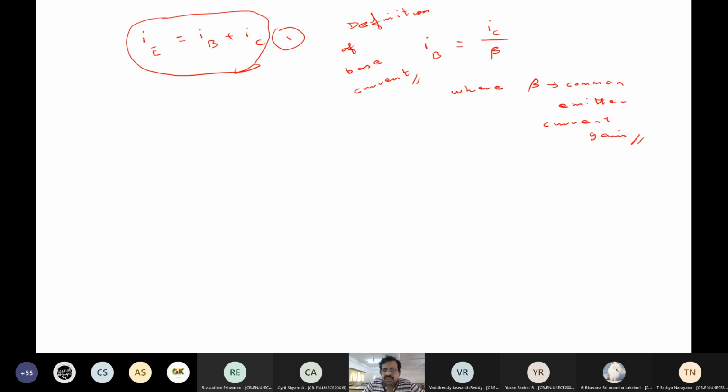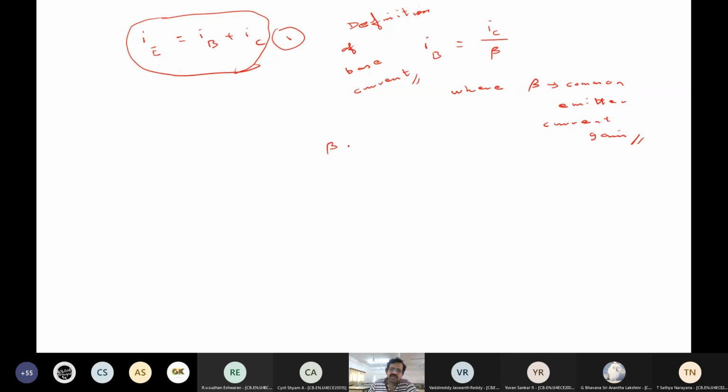As I told you, the base is made very thin and lightly doped. So the majority of the electrons driven from the emitter reach the collector without getting lost in the base region due to recombination. So the base current will be very small. This is the common emitter current gain: the terminals are collector and base, and the common terminal is the emitter, so common emitter current gain, beta.